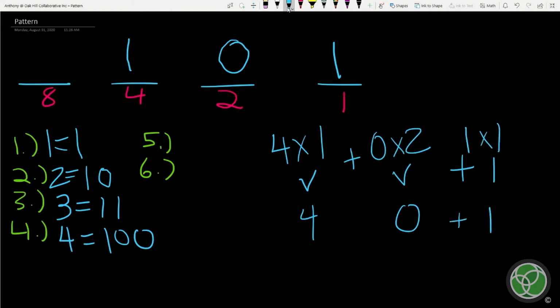Add them all together, and you get 5. Now, because we know that's 5 like we want it, we're going to take our binary placeholder numbers. And then we know that 5 equals 1, 0, 1.